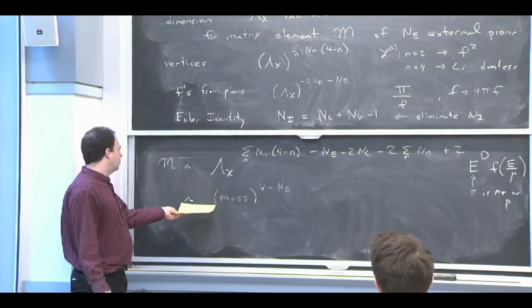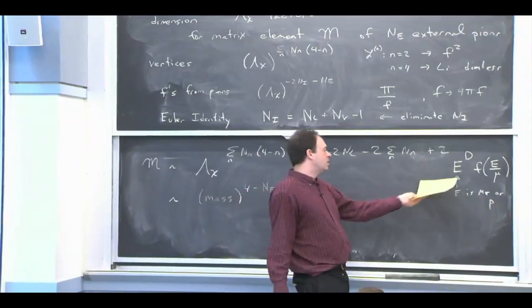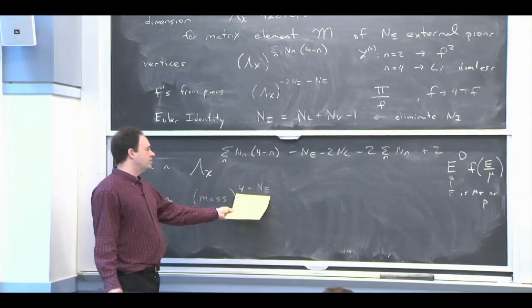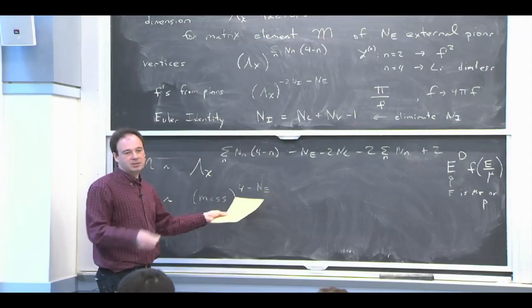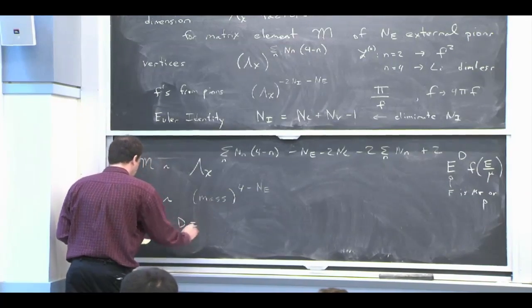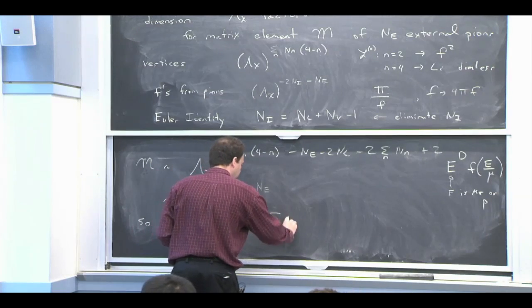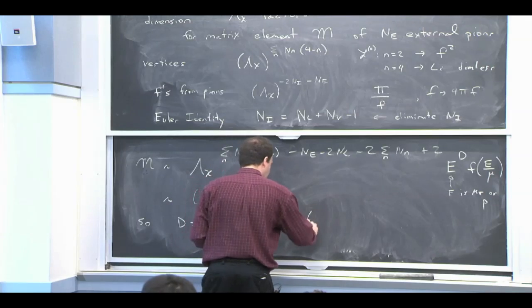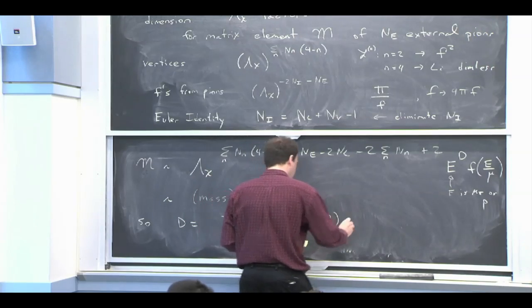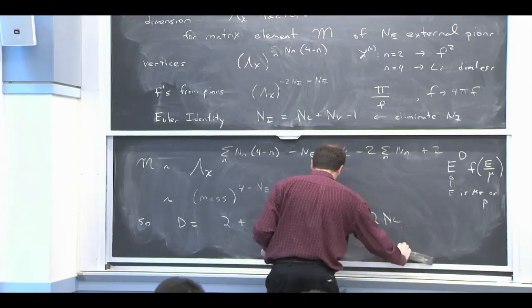So now I have different things that are giving mass dimensions, the lambda chi's and the e's. But because I know what the answer has to be, 4 minus n e, I can solve for d. And that's what I got.